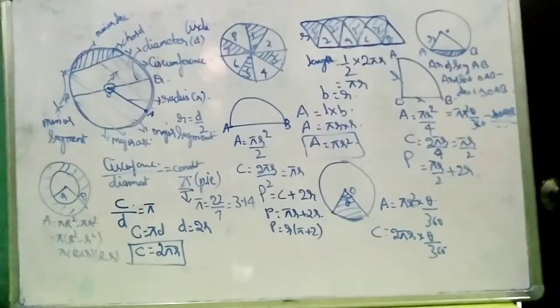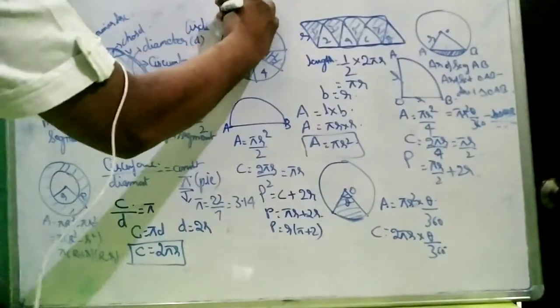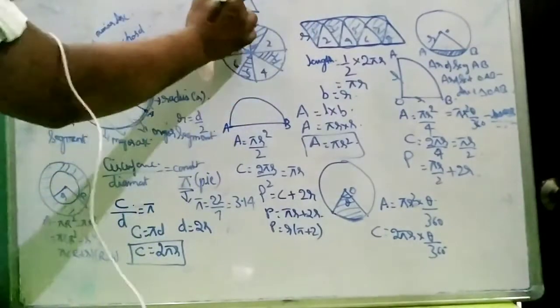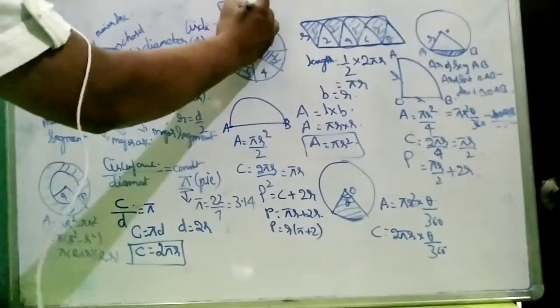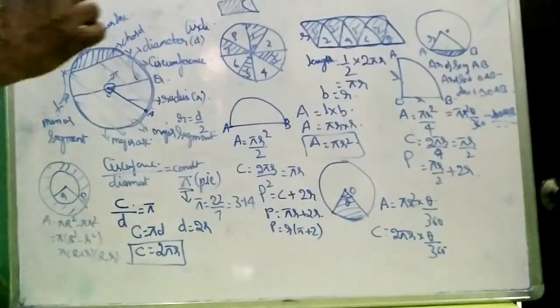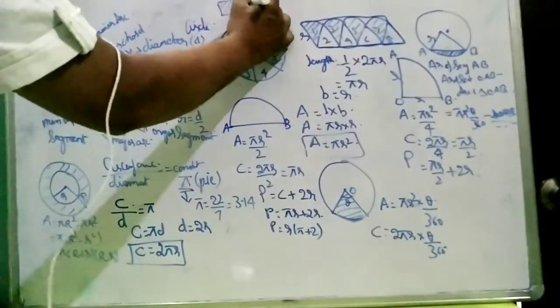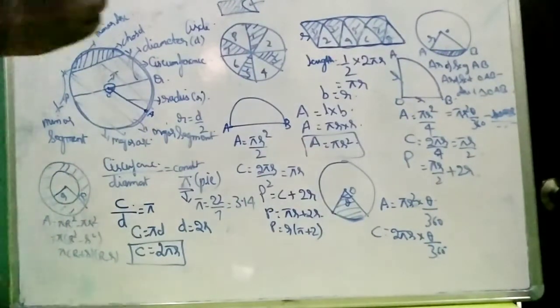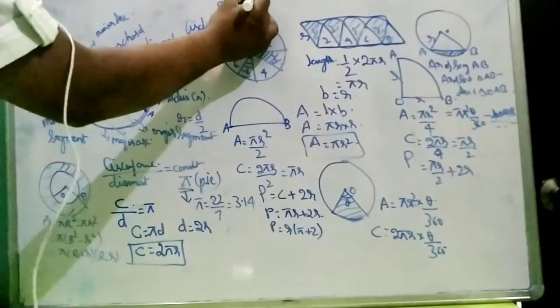Suppose a rectangle is there, just as an example, whose half portion is covered with a semicircle. We have to find the remaining portion. So what will you do? You will first find the area of the rectangle, and then from the rectangle you have to subtract the area of the semicircle, with the semicircle having the breadth as its diameter.